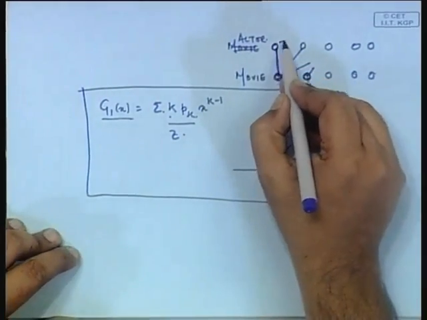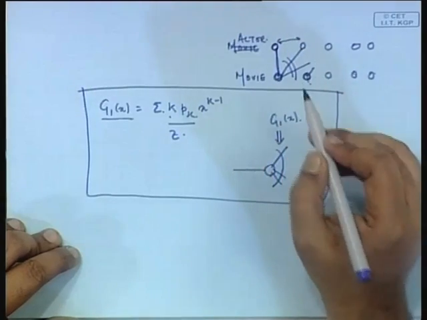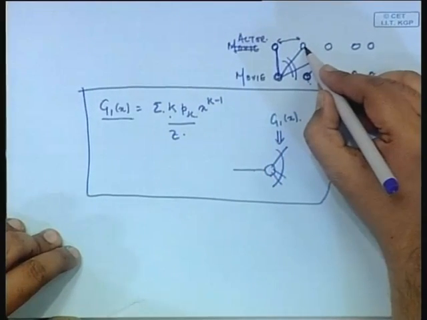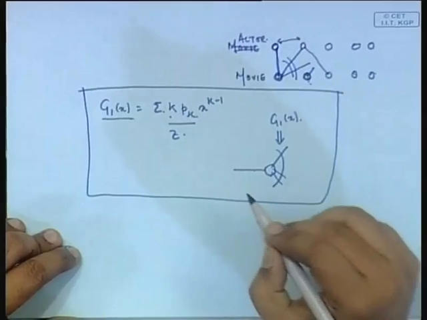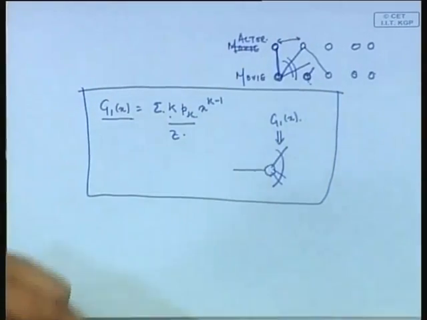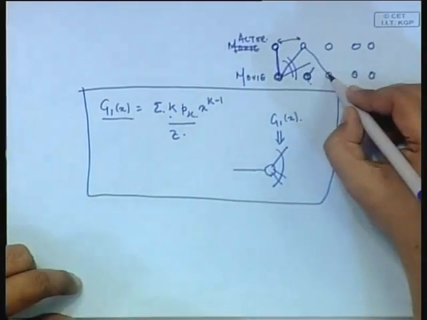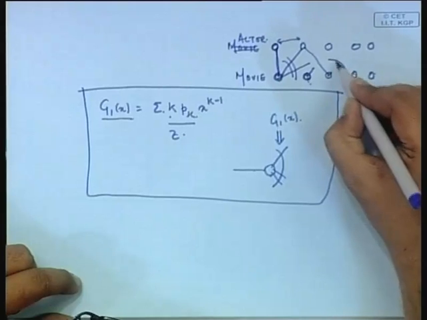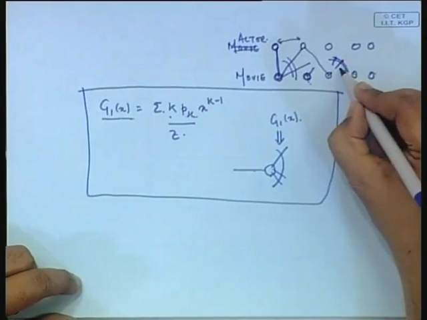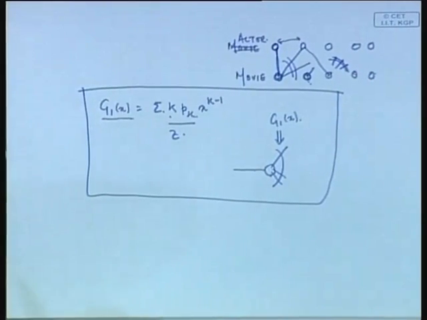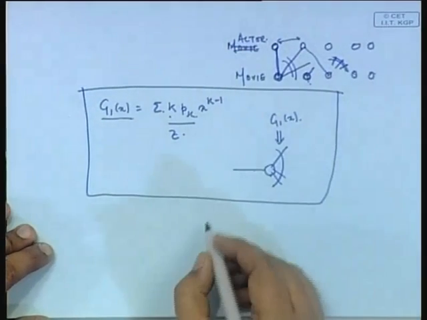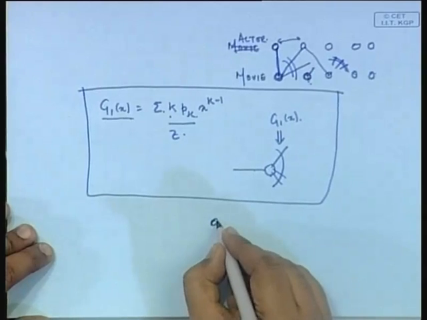If I am trying to see my coactor, basically from an actor node you are following an edge, you are coming to a movie node, and from that movie node you want to see the outgoing degree distribution of that movie node. Am I correct? Okay. So, that is immediately what G1x is.